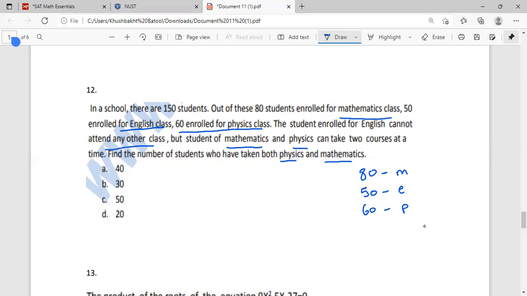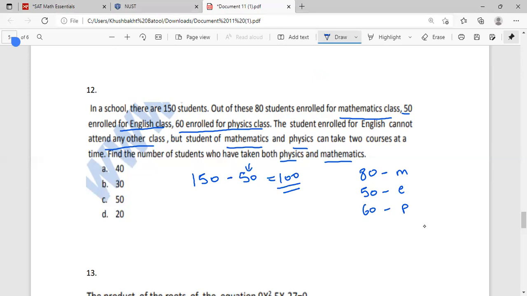First, you need to understand the question. We have 150 students, out of which 80 are taking maths, 50 are taking English, and 60 are taking physics. 50 students of English cannot take any other class. So we will subtract this 50 directly and we will get 100. Why? Because 50 students are fixed, they can only take one class. We're left with 100, right?